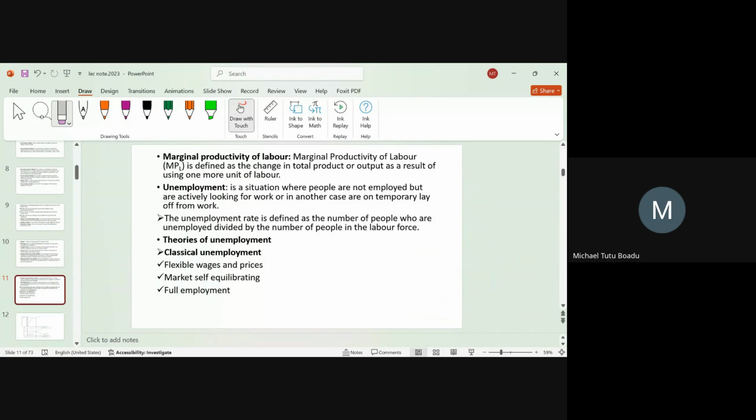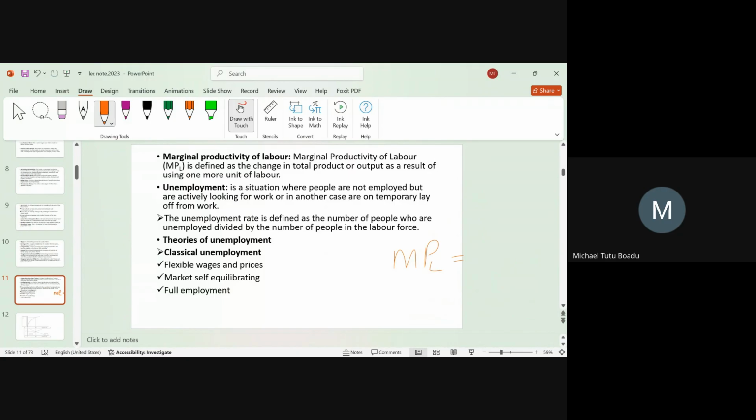Then we have marginal productivity of labor, what we call the marginal product of labor. You've dealt with these concepts in both Principles and Elements, right?